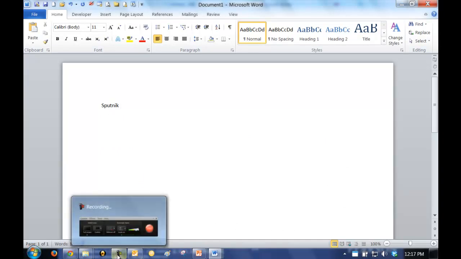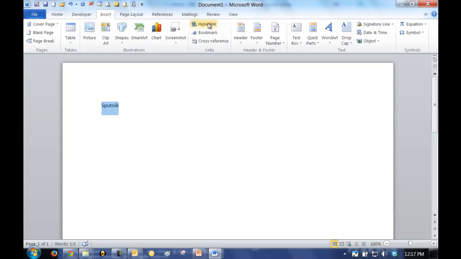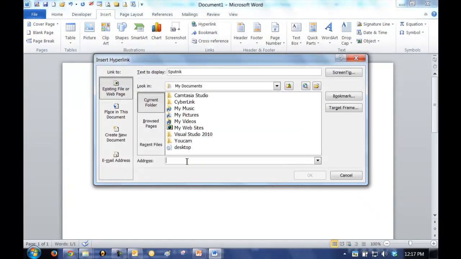So here you're in Sputnik, and you're finding something, and you've got your information in here, so you block it. We call that blocking it. And then come here under Insert, and yours may be a little different, but nonetheless will be somewhat the same. You go to Insert here, and here's the thing called Hyperlink. Come up like this, and you paste your URL from wherever you found that in here.